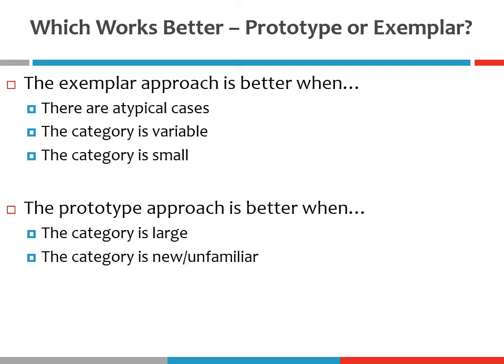So for example, it would be difficult to represent a variable category like games if you were using a prototype, because it's hard to have a single standard object for football, computer games, solitaire, marbles, etc., because those are all highly variable exemplars. Whereas if you simply stored all of the examples of games you've ever been exposed to, then you would be able to capture that highly variable category.